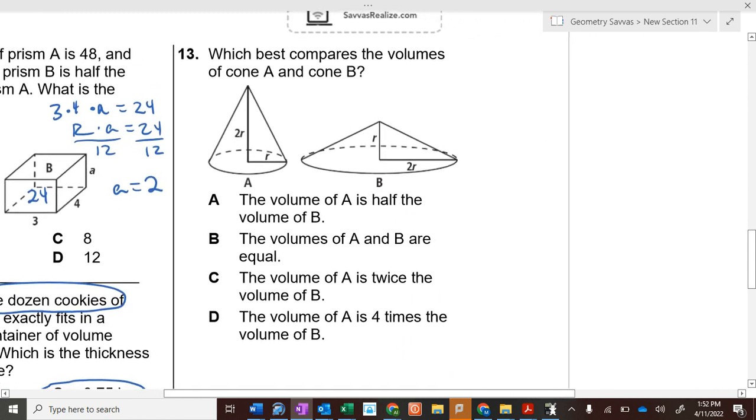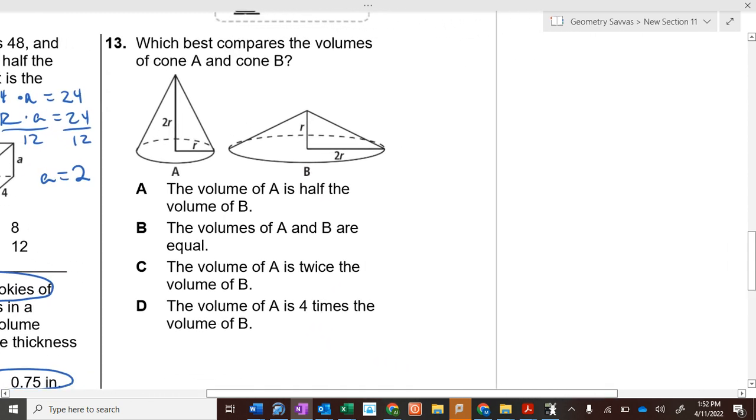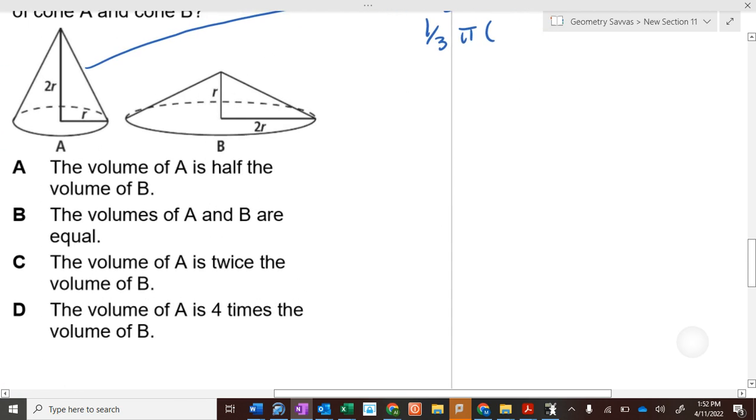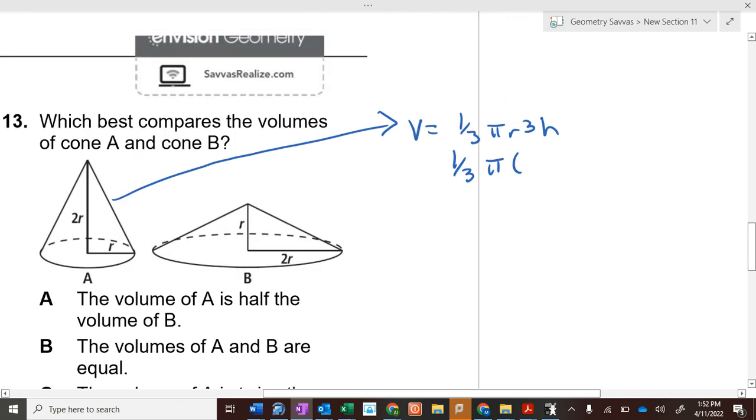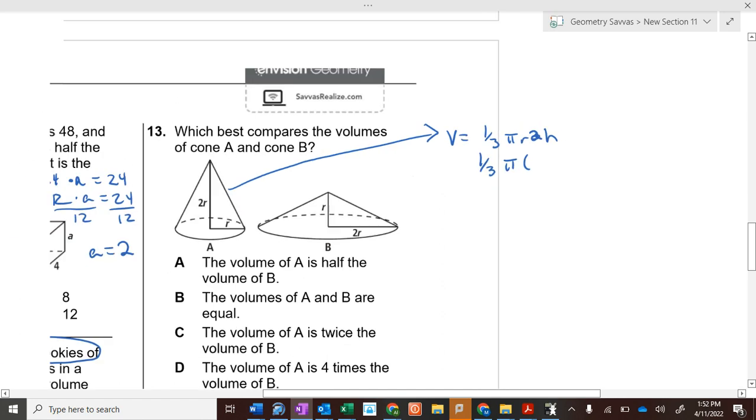All right. When people first look at this, they go, I can't do that. There's no numbers in it. Oh, you can do it. That's fine. Figure out the volume of this. The volume of a cone is 1/3 pi r squared h.